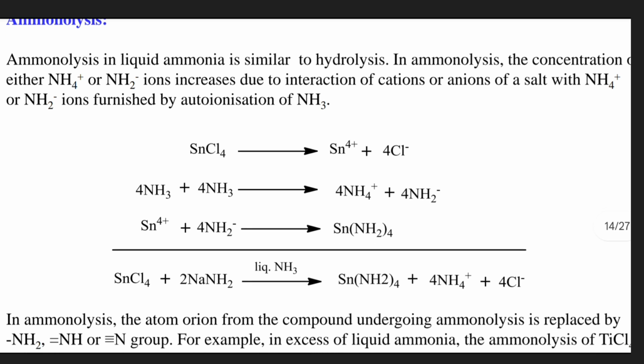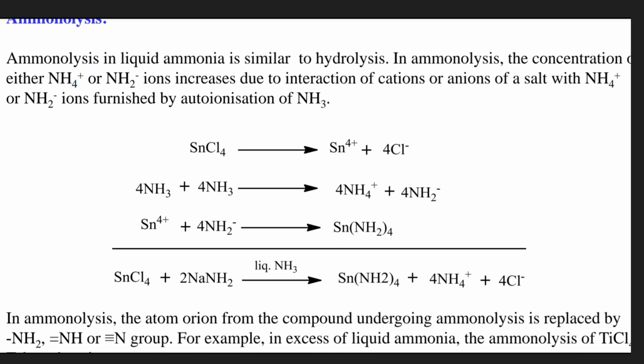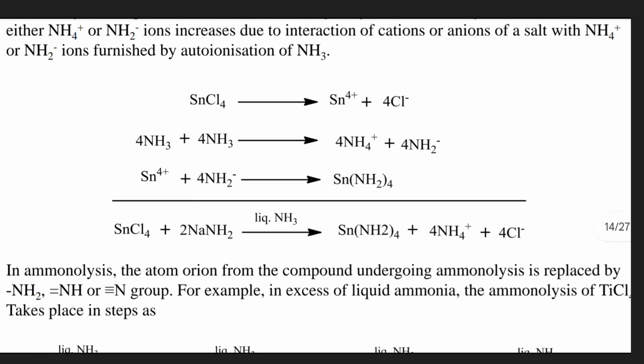For example, tin chloride gives Sn4+ plus 4 chloride ions. 4 ammonia plus 4 ammonia gives 4 ammonium ions plus 4 amide ions. Sn4+ plus 4 amide ions gives Sn(NH2)4. So the whole reaction can be written as SnCl4 plus 4NaNH2 in liquid ammonia gives Sn(NH2)4 plus 4NH4+ plus 4 chloride ions.